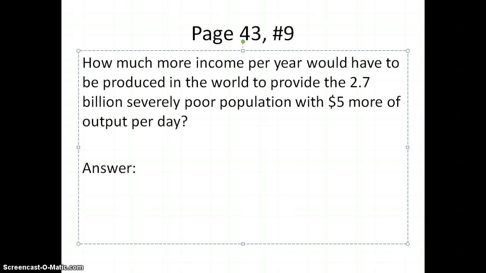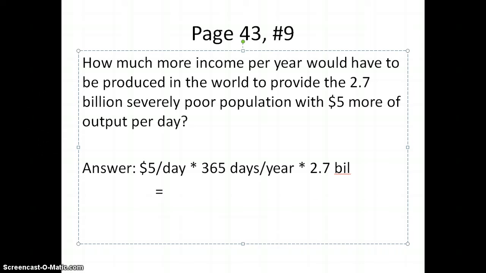So to figure this out, we need to find out how much this $5 per day comes to per year for everyone. So we've got $5 per day, and we want to give them that amount for 365 days in our year, and we want to give that to the 2.7 billion people in that category.